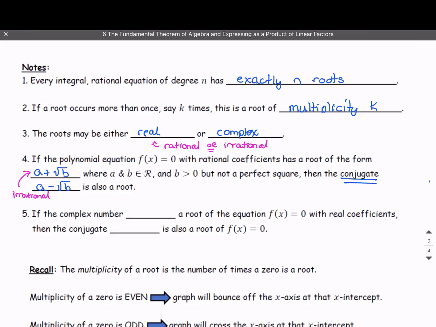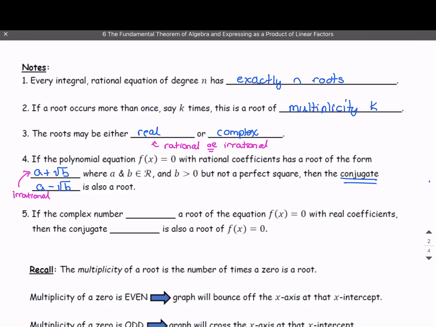Irrational roots always come in pairs, because remember, you got those roots not by factoring, but by using the quadratic formula. X equals negative b plus or minus the square root of b squared minus 4ac all over 2a. So if you get one irrational root, you have to have 2.